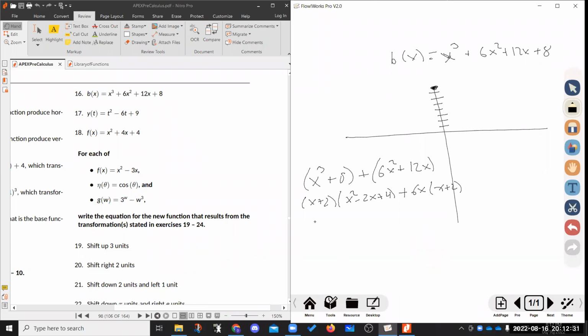Has a common factor of x plus 2. This is x squared minus 2x plus 4 plus 6x. That's x plus 2 times x squared plus 4x plus 4. That's going to be x plus 2 squared. So I end up with x plus 2 cubed.